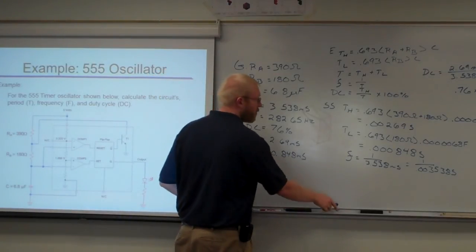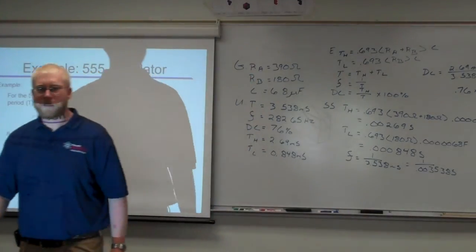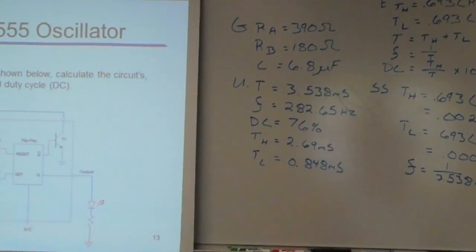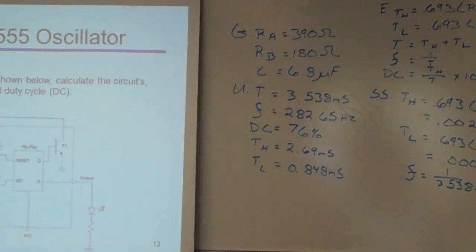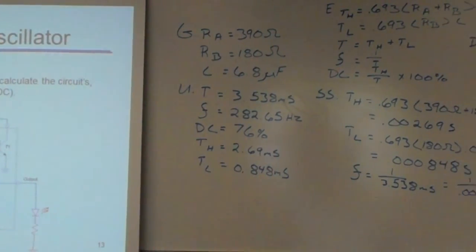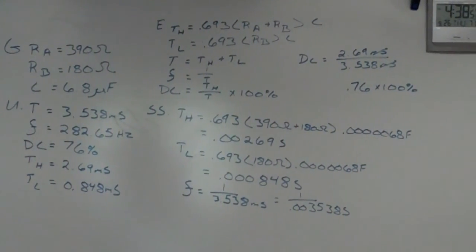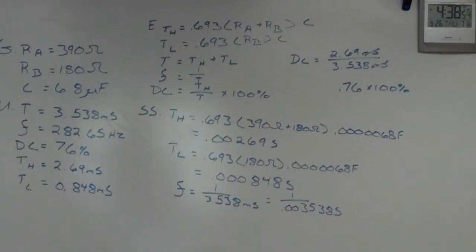Now I'll make sure that the camera caught all the work and zoom in on it a little bit so you can see it a little better. So right there's my list of givens and unknowns. As I come across the board, right there's my equations at the top, there's my substitute and solve, and then I've got my duty cycle up there in the top right hand corner.